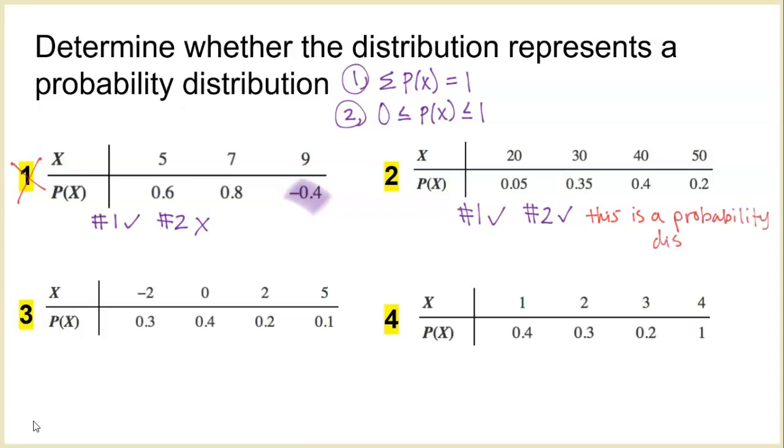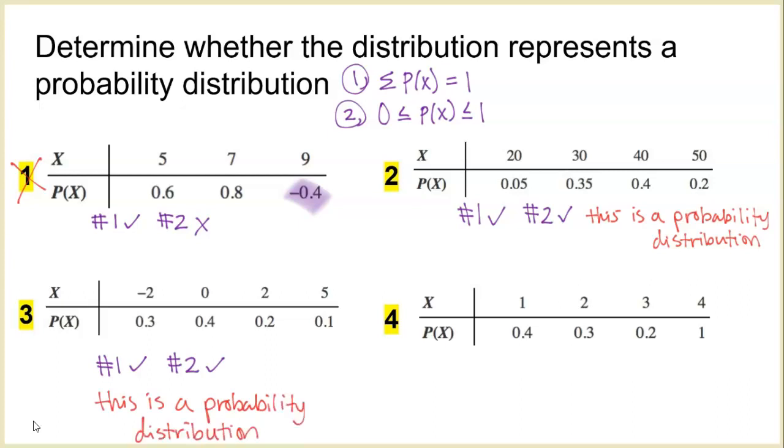And we look at the third one, we can add all those together, it equals 1, that checks out. Each one of the values is between 0 and 1, so that also checks out. So this is also a probability distribution based on those two requirements. And for the fourth one, the first condition does not check out, because if we add these together, we get a value greater than 1.